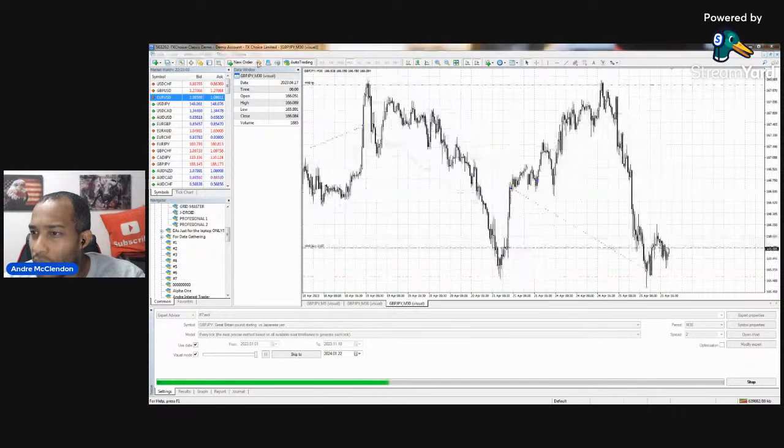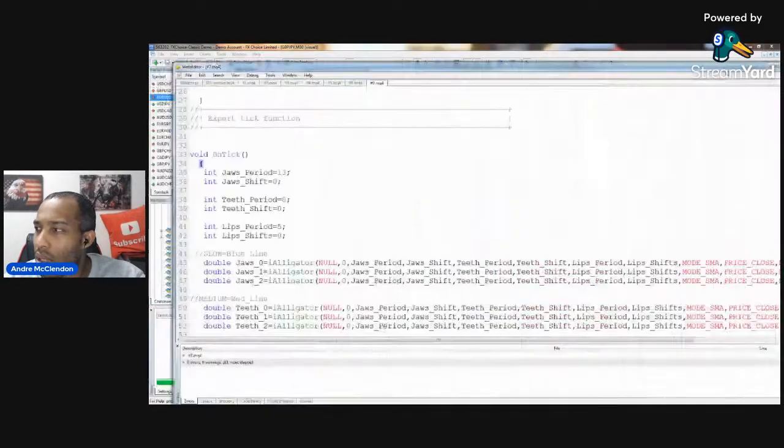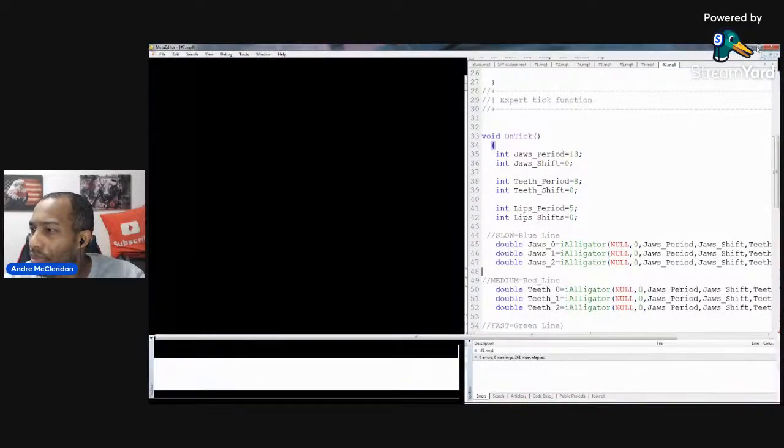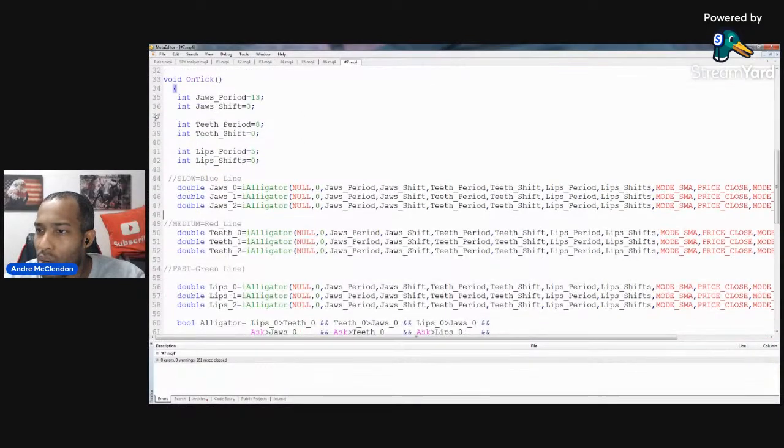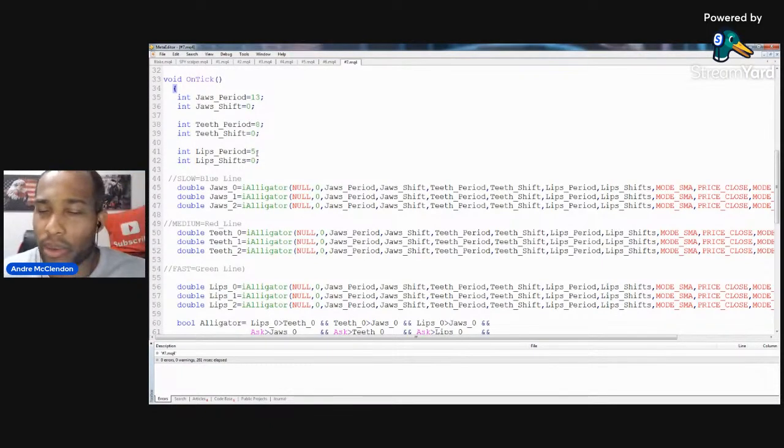Let me see. Let's look at the code. So here's Sonali's code. Let's break this down. So here are our ints. I'm happy he's actually using ints this time. Okay, so we have his ints.